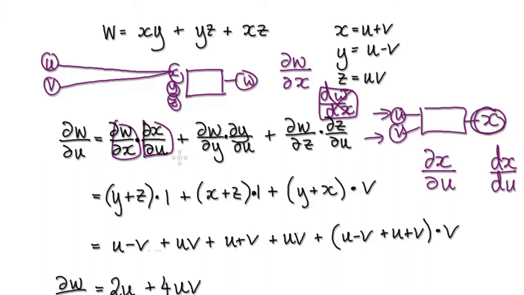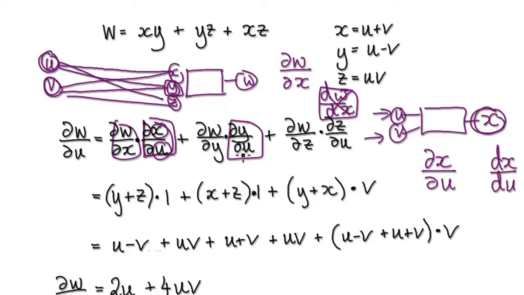The same goes with y, because u and v will determine the y location of the particle, and the same goes with z. So the chain rule gives us this here.